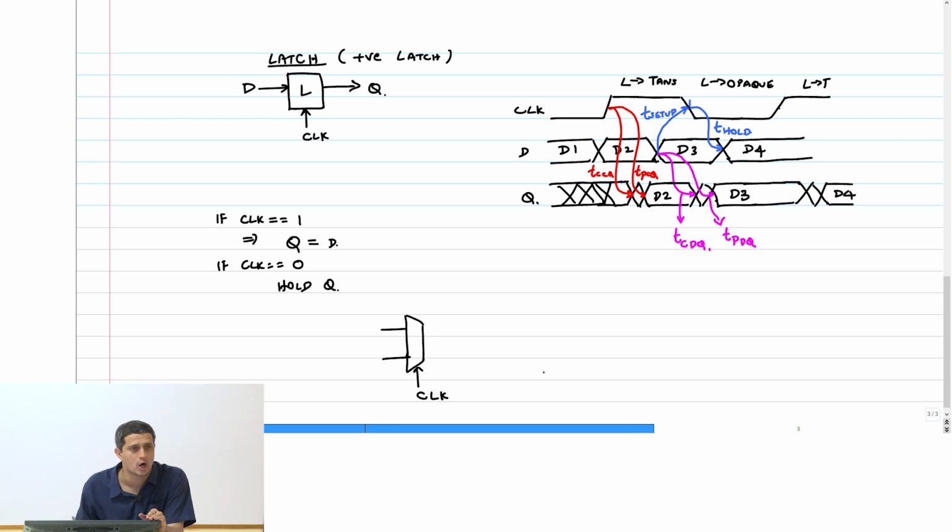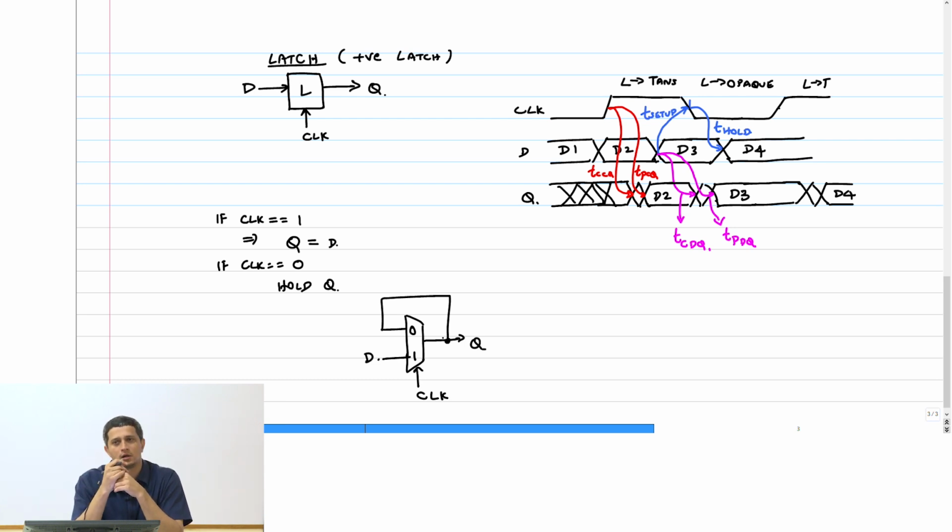The select line is a clock. If it is 1, then this is 0, this is 1, this is Q. Where should I connect D? Yeah. What should I do on the other end? Simply feed it back like this. Okay.